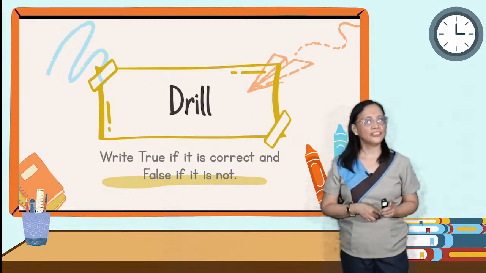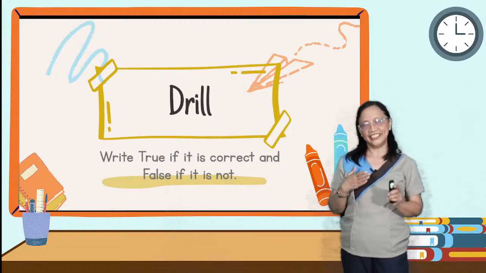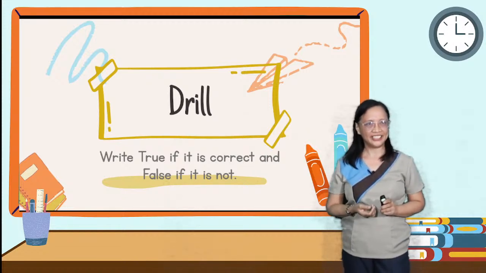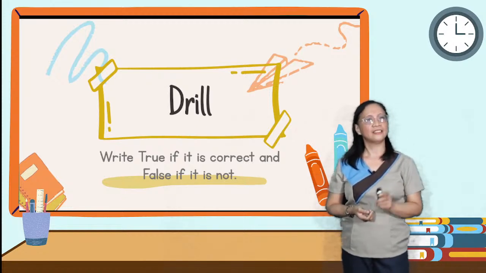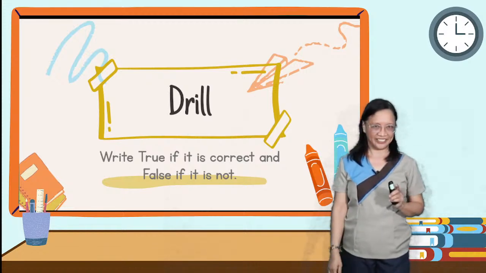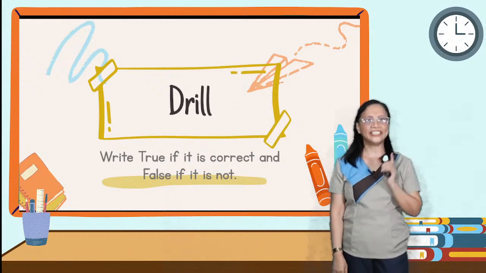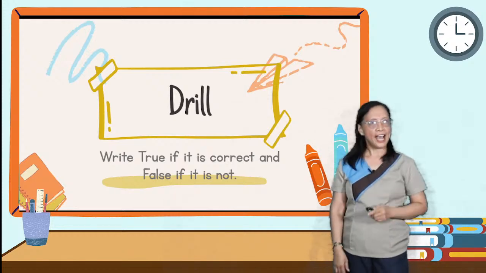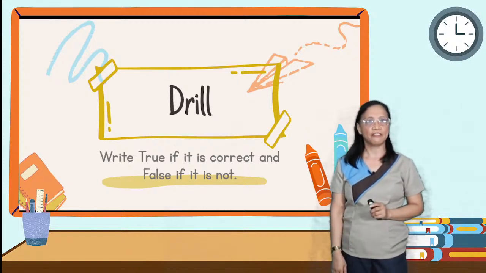Now, I want you to go to your comment box. Do it now, my dear grade 4 learners. Type the name of your school, the number, and your answer. Okay? And we will know who is the most participative in this live video.